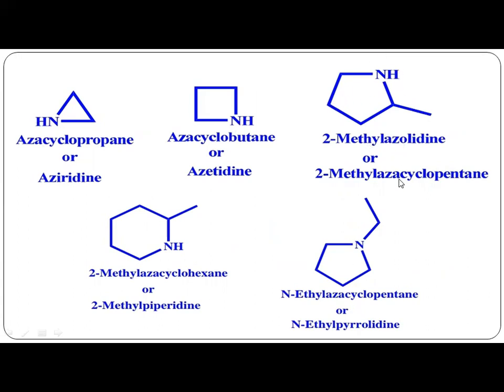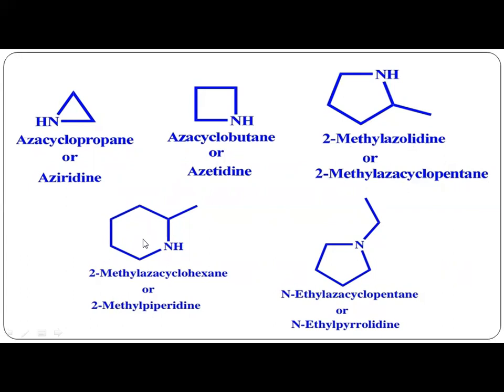Next one, a 5-membered ring. 5-membered means a cyclopentane ring, and there is one nitrogen atom as well as one substituent, a methyl group. Its numbering starts from the nitrogen atom. This carbon will have the second number because it has a substituent, so that second carbon atom has a methyl group. So its name will be 2-methylazolidine or 2-methylazacyclopentane.